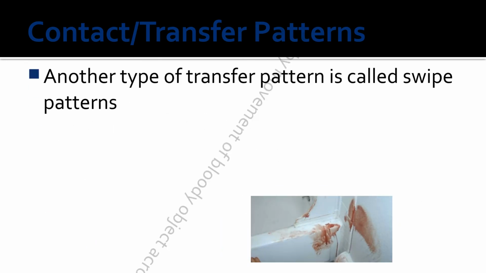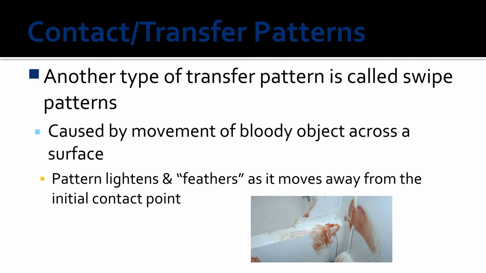Another type of transfer or contact pattern is called a swipe pattern, and this is caused by movement of a bloody object across the surface. The pattern starts out with a large area and then lightens and feathers as it moves away from the initial contact point. The direction of swipe transfer patterns may be able to show the movement of the suspect or the victim, or how they moved through the crime scene after the blood was already present.